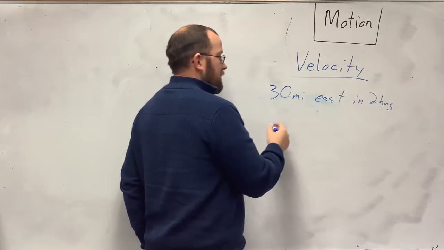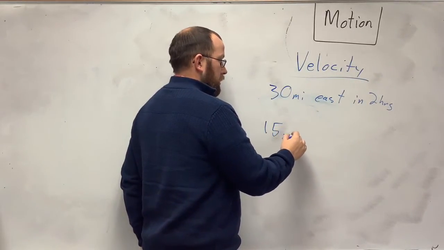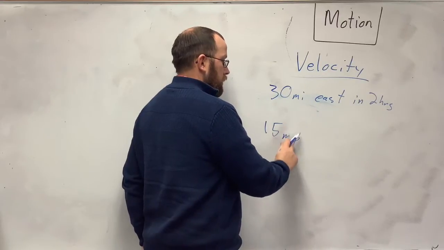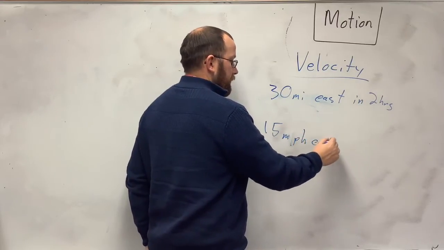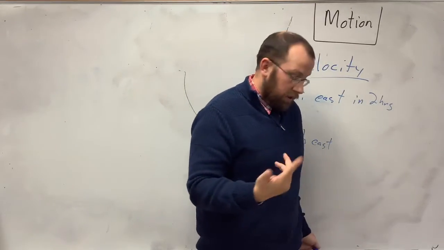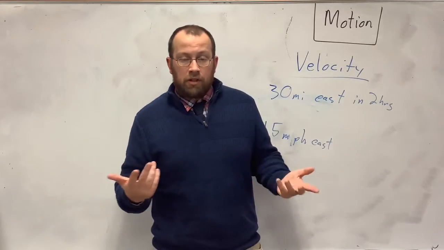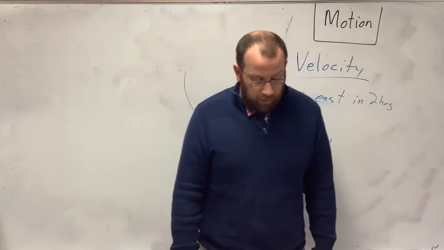So what's my velocity? It is 15 miles per hour east. That's really the only difference between speed and velocity. It's just giving you a direction with it. Basically, they become interchangeable as you go along.